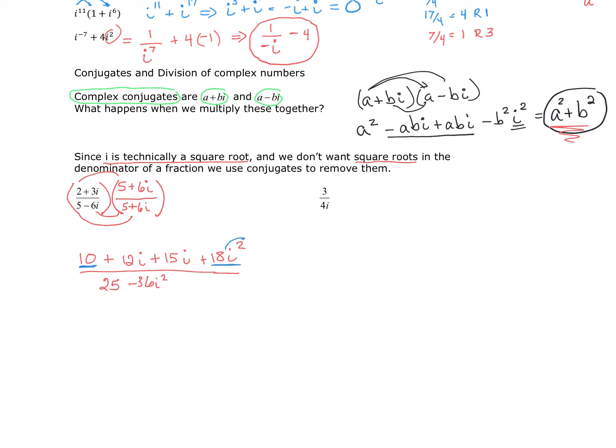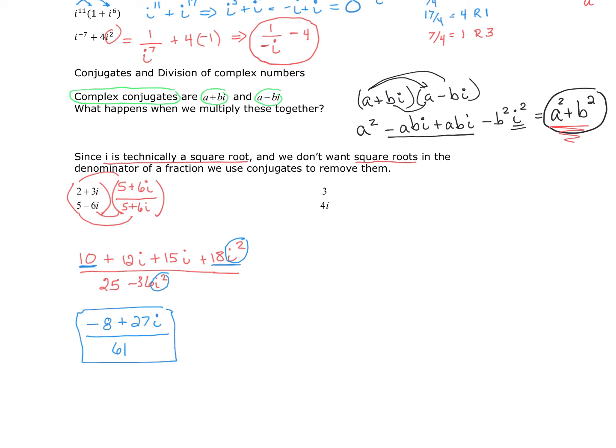If I replace this with a negative 1, I have 10 minus 18, so minus 8, plus 27i. On the bottom, I get 25 plus 36, 61. So notice I don't have any more i's in the denominator.